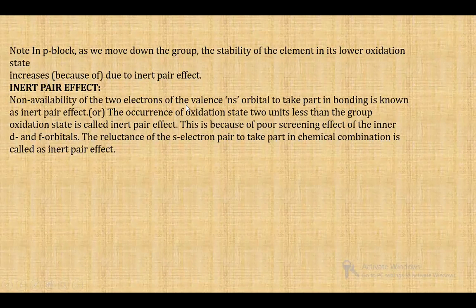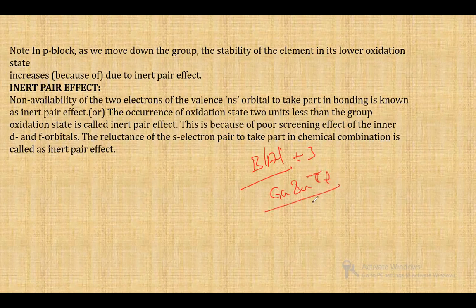Down the group, +3 oxidation state changes to +1 oxidation state. Boron and aluminum have +3 oxidation state. After them, gallium, indium, and thallium start showing +1. The more predominant oxidation state of thallium is +1.